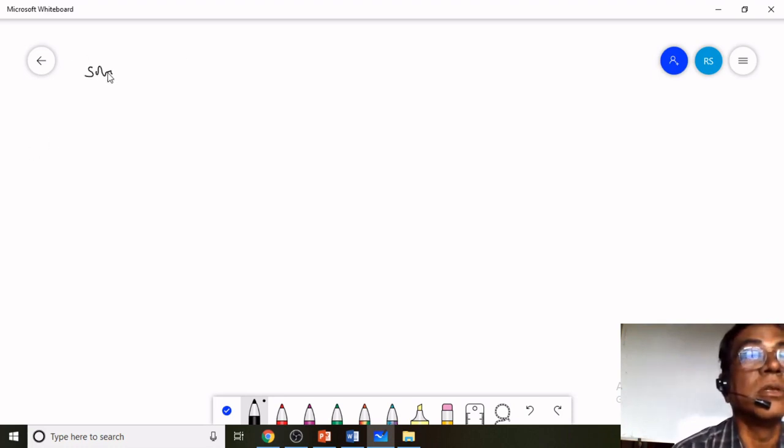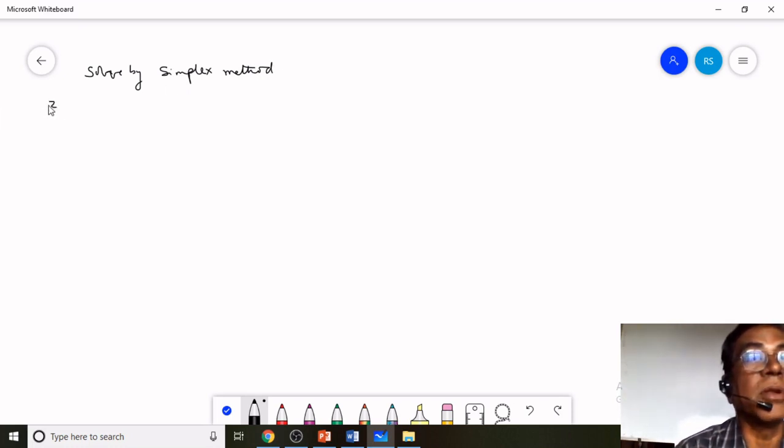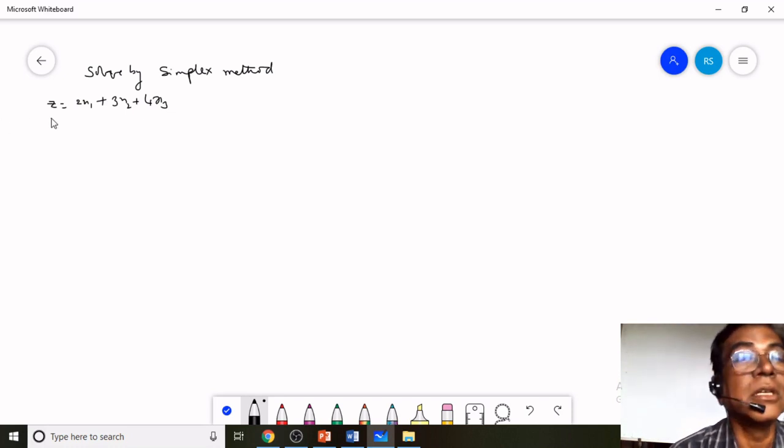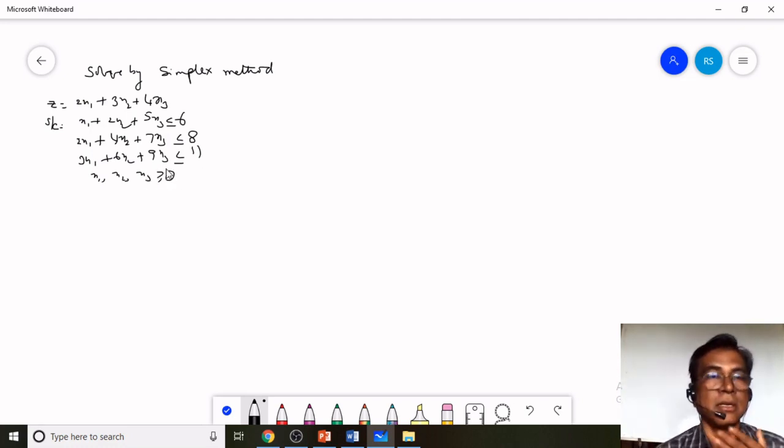Z equal to 2x1 plus 3x2 plus 4x3, subject to constraints: x1 plus 2x2 plus 5x3 less than or equal to 6, 2x1 plus 4x2 plus 7x3 less than or equal to 8, and 3x1 plus 6x2 plus 9x3 less than or equal to 11, with x1, x2, x3 greater than or equal to 0. The question is given like this in examinations.